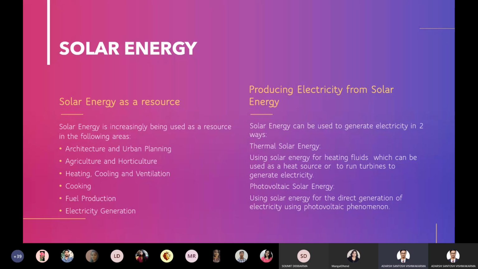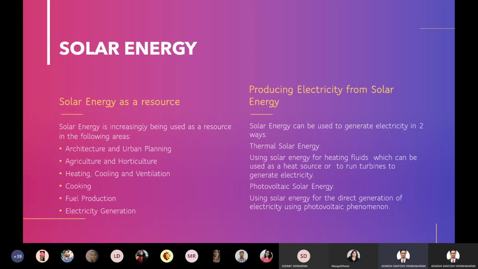As we know, in many power hungry processes, the energy generated is generally from coal, but seeing the ill effects of using coal, and the direct effect is to the people who go for the coal miners and the people living around those areas, it has become very important that resources such as solar energy are used in places of architecture and urban planning, agriculture and horticulture, heating, cooling, and ventilation, even cooking, fuel production, and electricity generation.